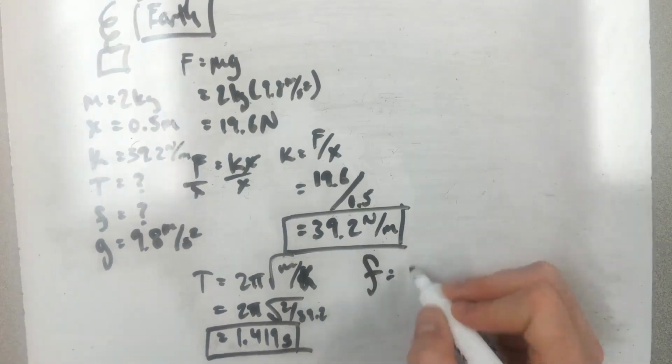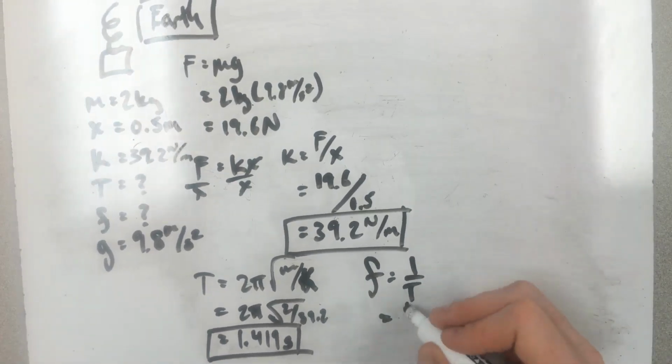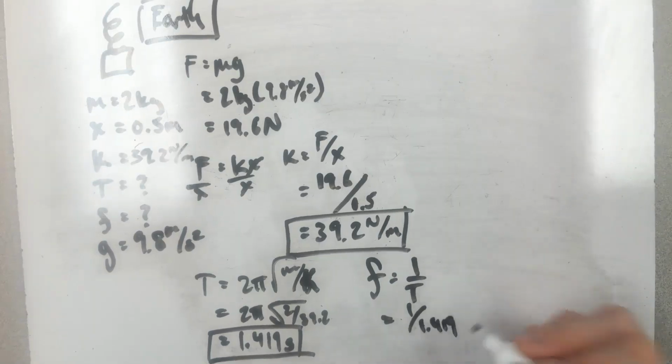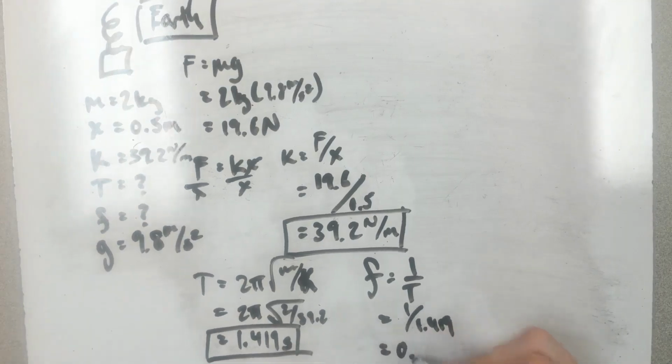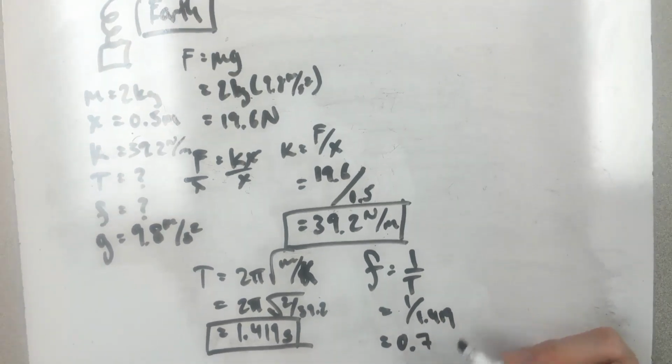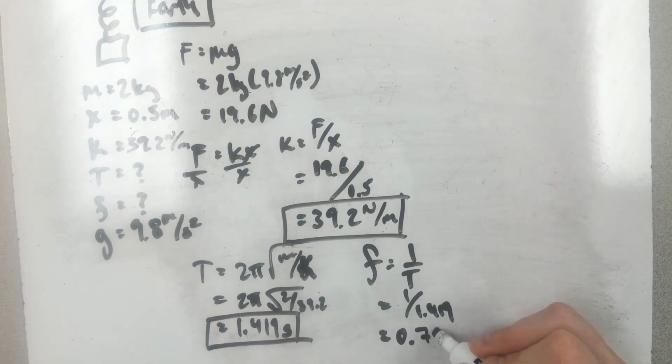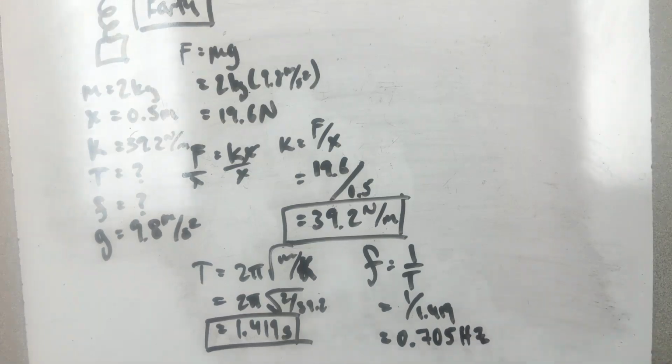And frequency is just 1 over T, so 1 over 1.419. Boom. Our frequency is 0.705 hertz.